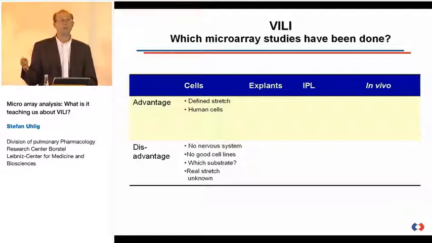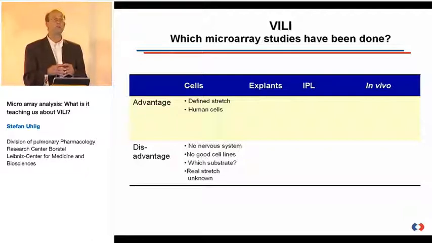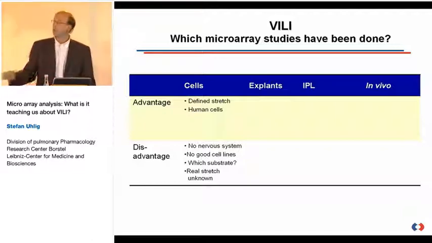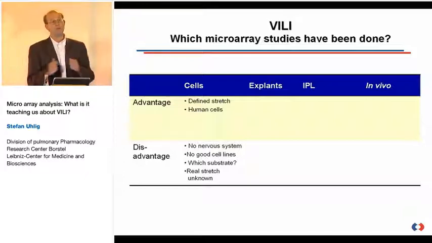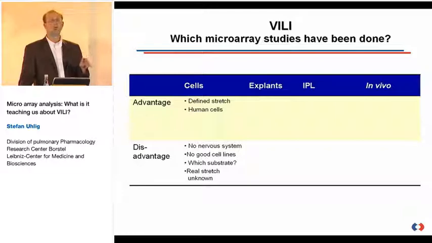There has recently been a study showing that even if you take type 2 cells into culture, the phenotype is completely different. If you make a gene array, the phenotype is completely different from that of the original type 2 cells. So there are lots of problems here. One further problem I would like to mention is that even if you stretch cells in culture, the real amount of stretch that occurs to these cells in vivo is completely unknown.